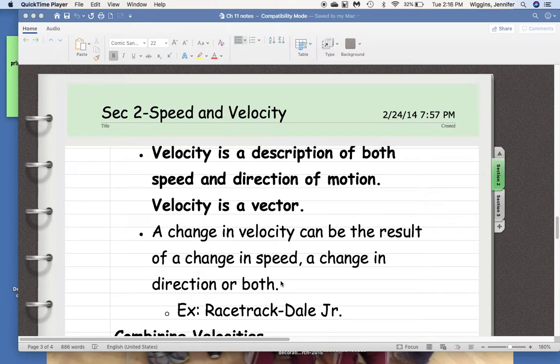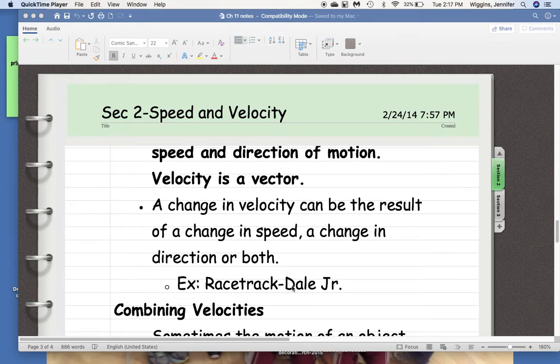Sometimes you have to turn on roads, so when you turn, you should slow down and then change direction. So that's both. Okay? On here, I have a racetrack with Dale Earnhardt. He's a racer. I'll show you that on the speed video.